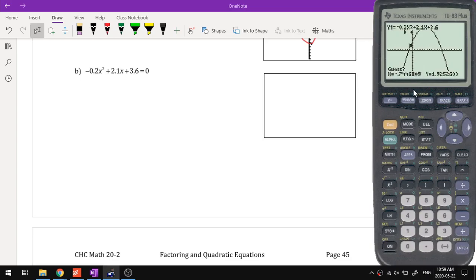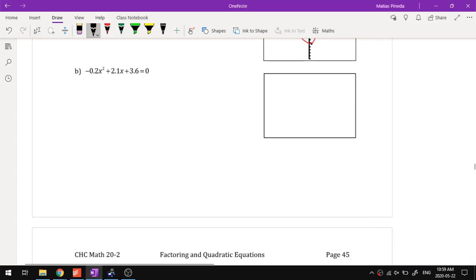So my first x-intercept is, let me guess one more time, sorry. There we go. My first x-intercept is negative 1.5. So x1 is negative 1.5.